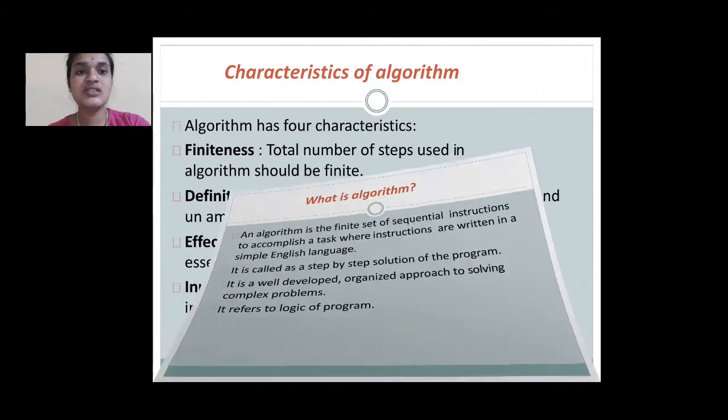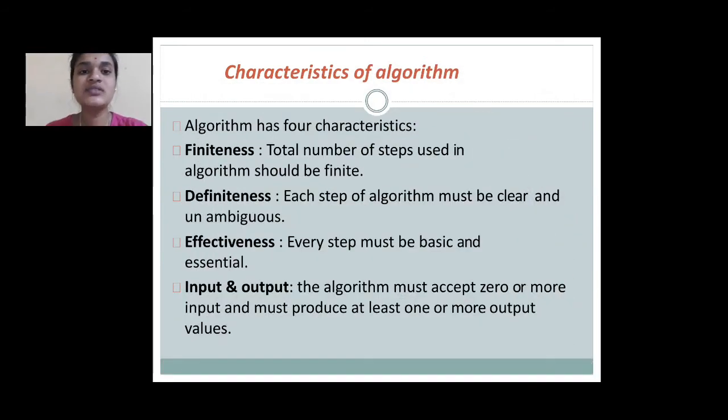Then next one is characteristics of algorithms. An algorithm has four characteristics. First one is finiteness: the total number of steps used in an algorithm should be finite. Then definiteness: each step of an algorithm must be clear and unambiguous. Effectiveness: every step must be basic and essential.